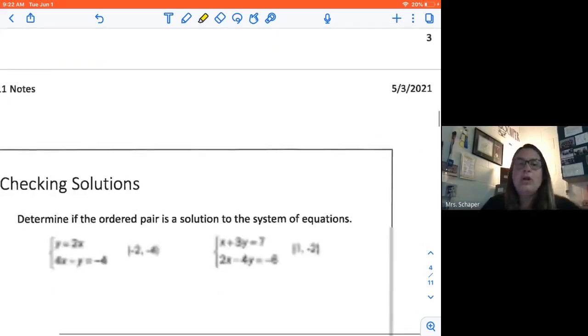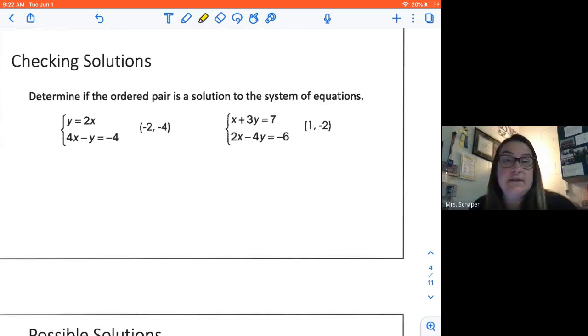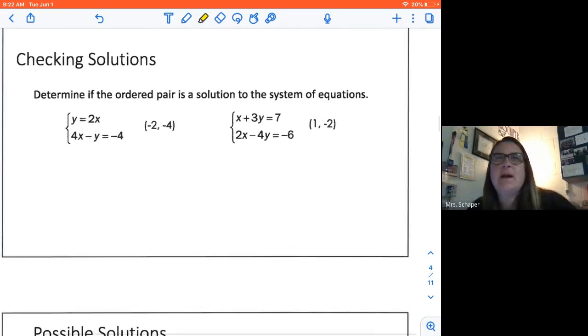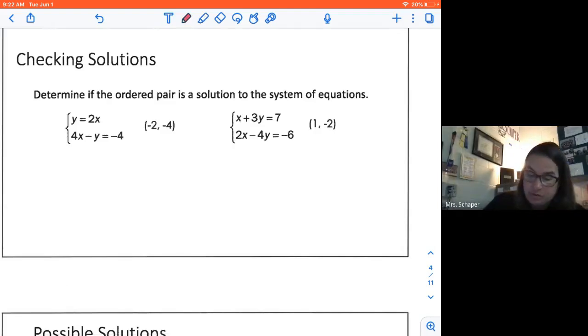All right, so first of all, let's just check to see if something's a solution. And by the way, this is a really good strategy if you have a multiple choice question. If you're like, oh, I forgot how to solve a system, you can just check the answer. And by that, we want to know if I put -2 in for x and -4 in for y, does that work? Is -4 the same as 2 times -2? And we get that it is the same.